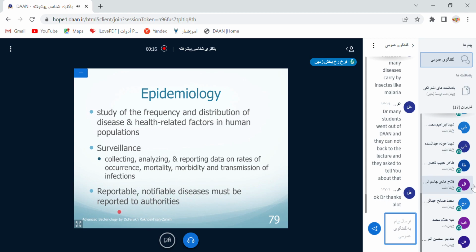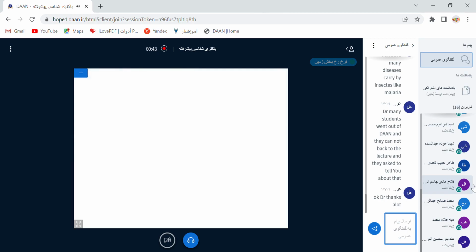Reportable, notifiable diseases must be reported to authorities. So some people are present in any hospital, in any city, in any capital, and many places in the world, who should see the data and then program for defense. Okay?